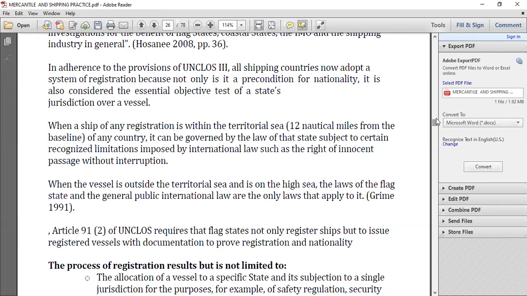Now, Article 91(2) of the UNCLOS requires that the flag state not only register ships, but also issue registered vessels with documentation to prove registration and nationality.